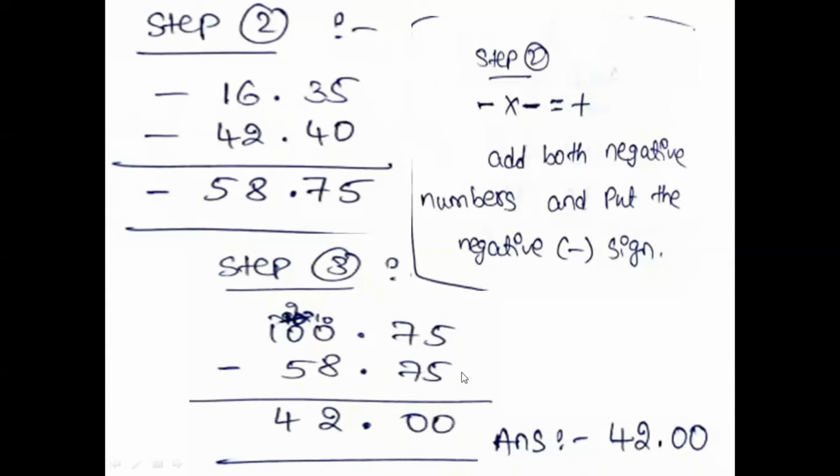Now we have to subtract. 5 minus 5, 0. 7 minus 7, 0. Decimal point as it is. Take borrow. 10 minus 8, 2. Now we are having 9. 9 minus 5, 4. Answer is 42.00.